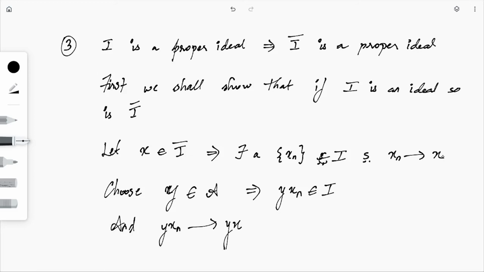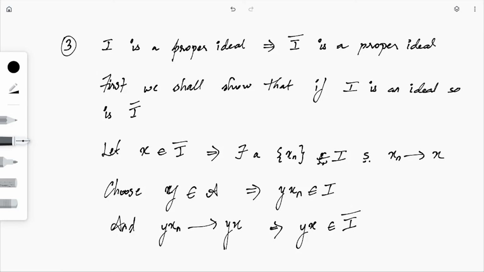Because xn converges to x, so yxn converges to yx. And if yxn is an element of I and it is converging to yx, this implies yx is an element of I closure. So for x an element of I closure and y an element of script A, yx is an element of I closure. So I closure is also an ideal.